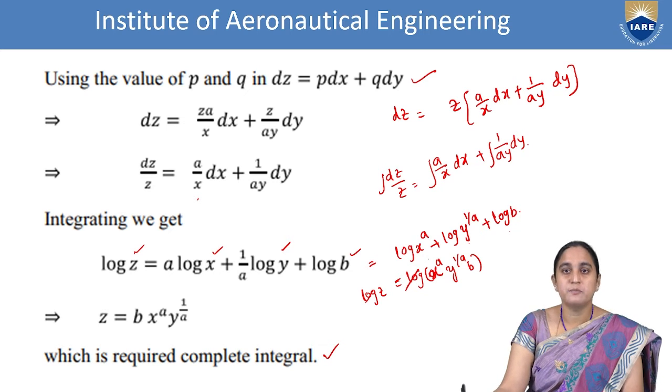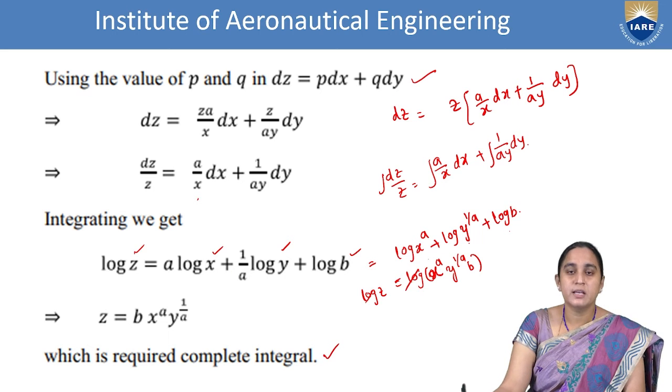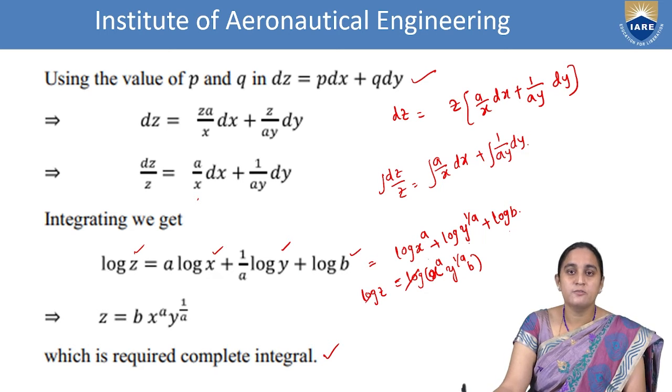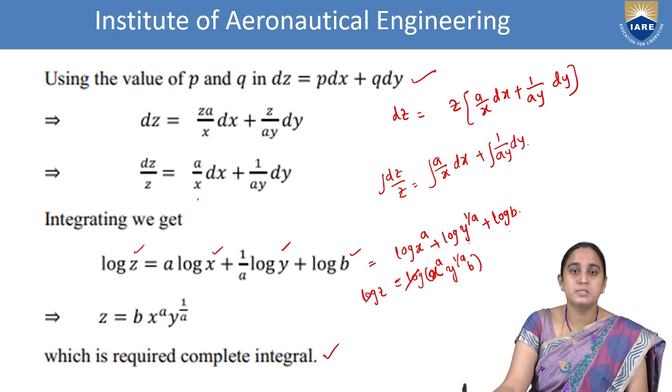Okay, once again I'll repeat the procedure of Charpit's method. First we have to assign the given question as F. After that, in the second step, let us assign the auxiliary equation. From that auxiliary equation we get either p or q. If you get the p and q values, then we can substitute the two values in the general solution formula.